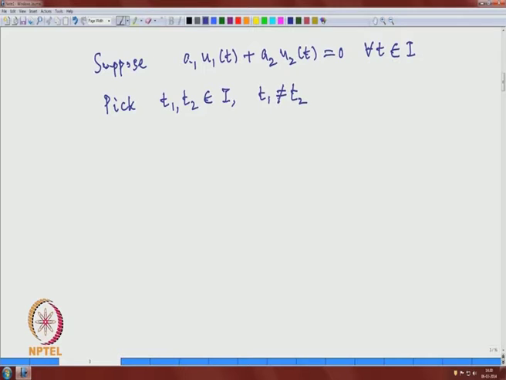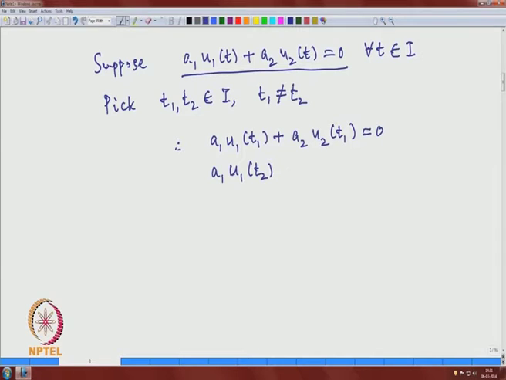So, pick any two distinct points and from this now if you substitute t equal to t1 and t equal to t2, because that is valid for all t in I, therefore, I have a1 u1(t1) plus a2 u2(t1) equal to 0 and a1 u1(t2) plus a2 u2(t2) equal to 0.